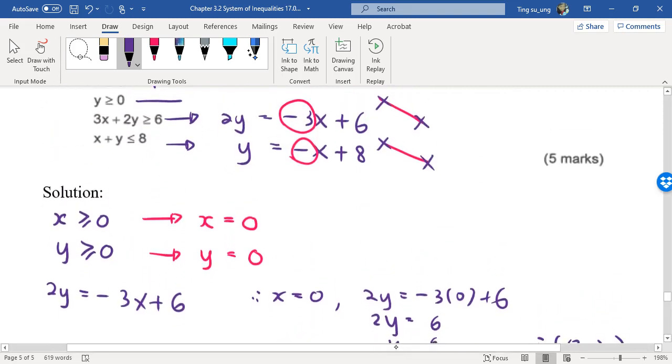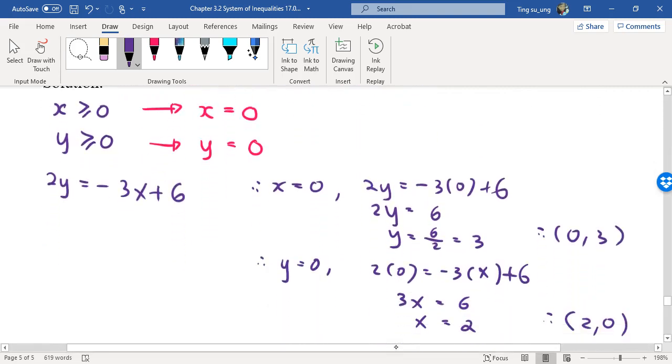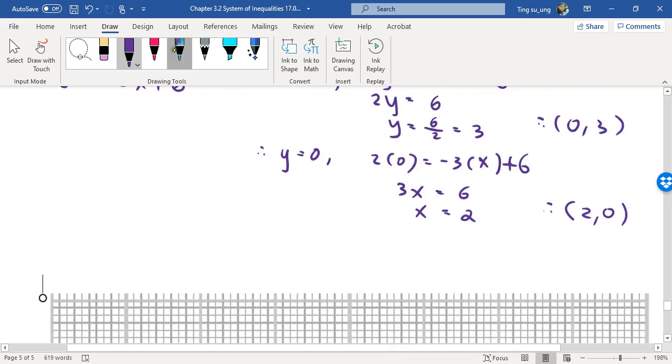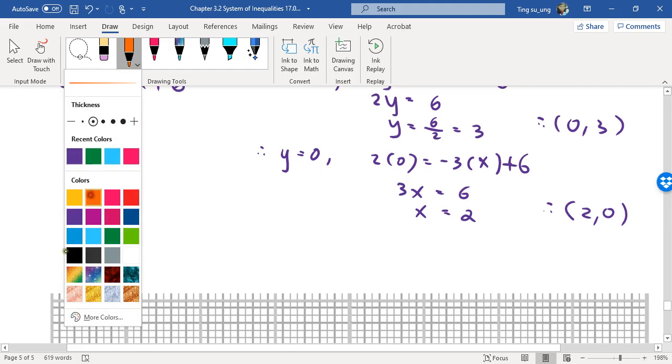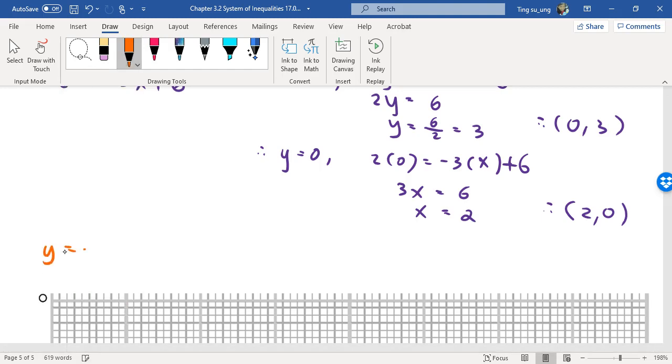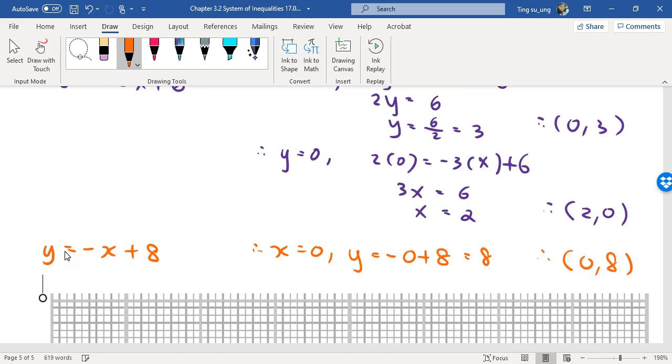So let us proceed with the third equation, y equal to negative x plus 8. You can use another color if you want. Again, when x equal to 0, your y is 8, so you have the point (0, 8).